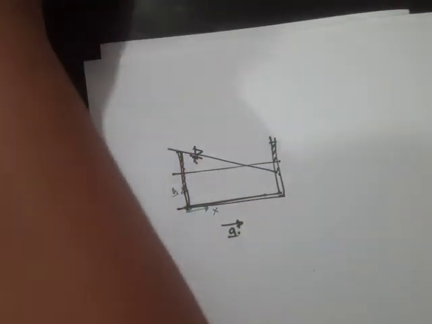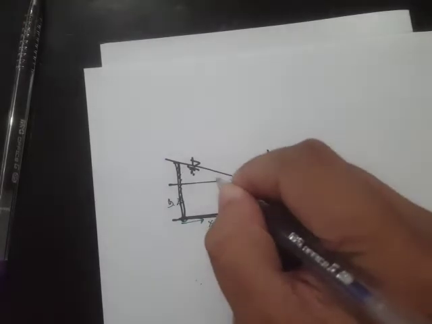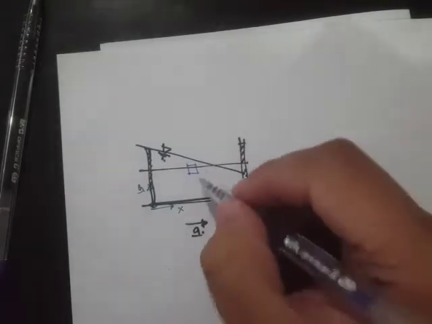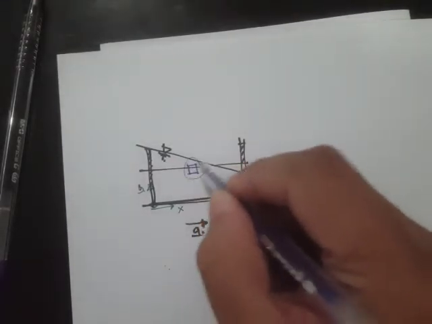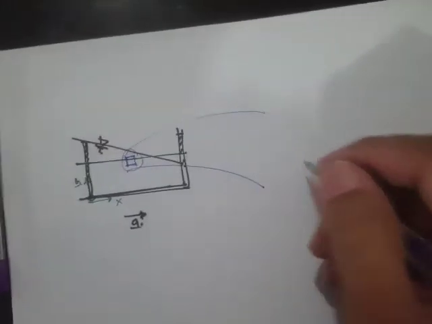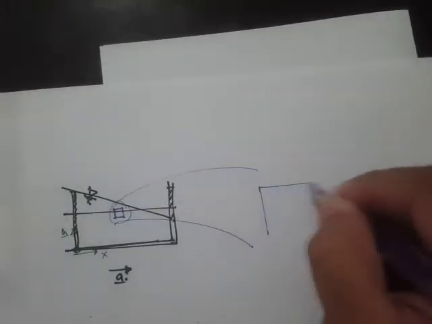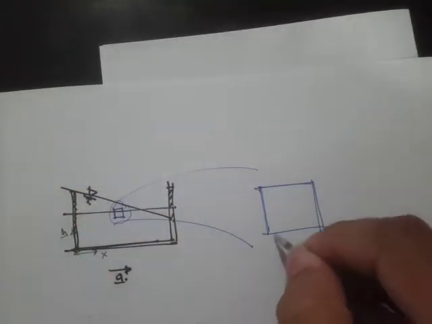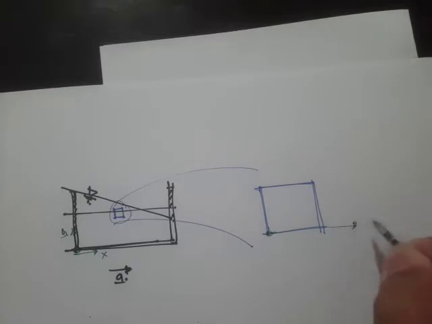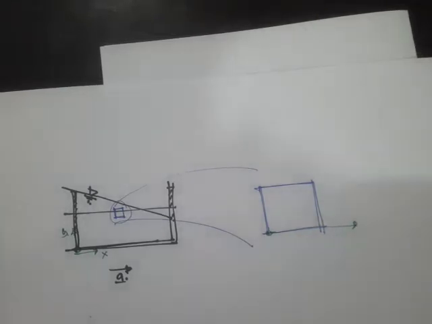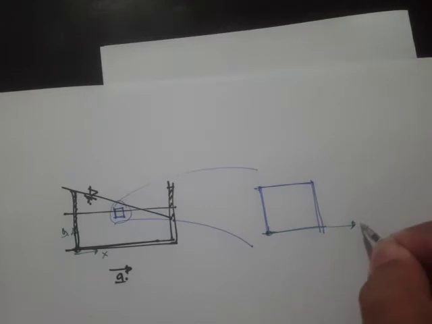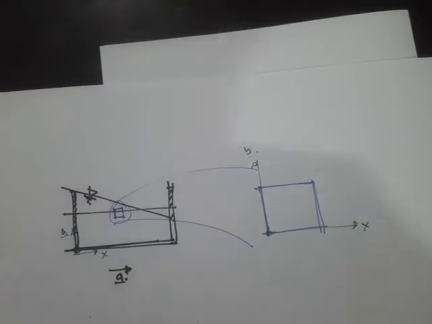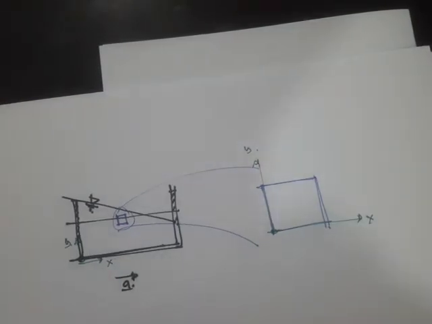If we consider a differential volume or an infinitesimal element, let's zoom this out. Let's translate this universal coordinate system, or the UCS. This is our x direction, and this will be our y direction. Let's try to expose the forces.